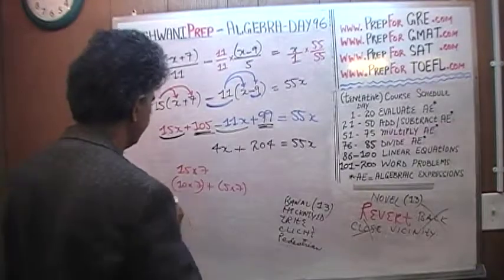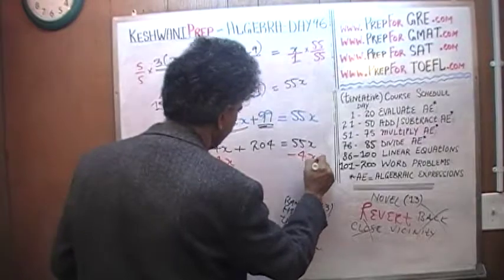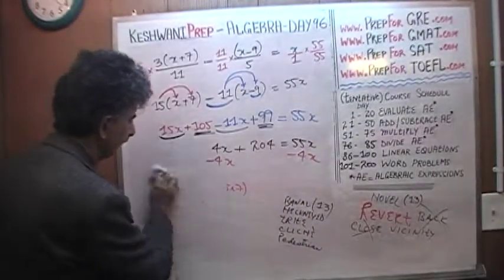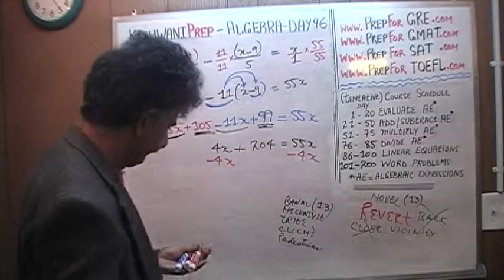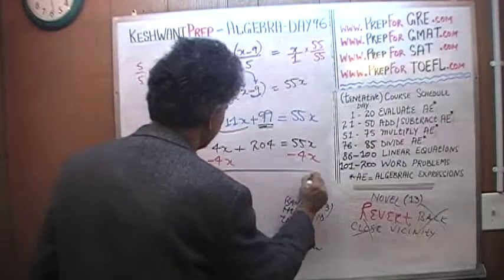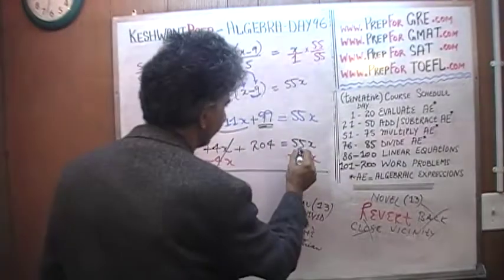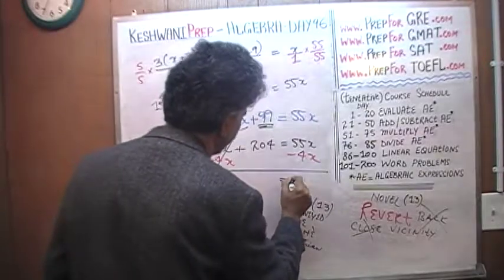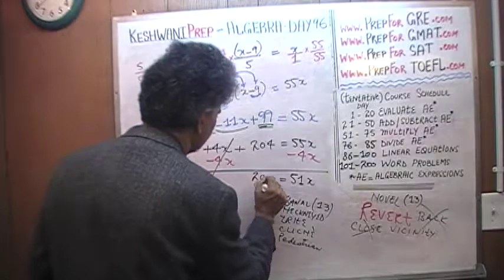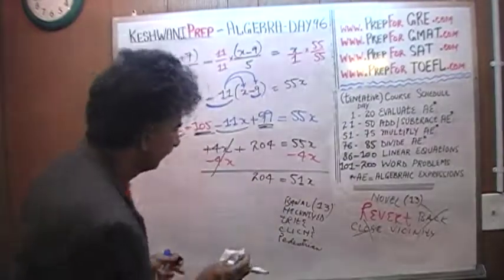So let's subtract 4x from both sides, and we need the room, so I'm going to erase all of this extra stuff that we have here. Positive 4x and negative 4x drop out, and we have 55x minus 4x is 51x. 51x equals 204. Now we need to get rid of 55.